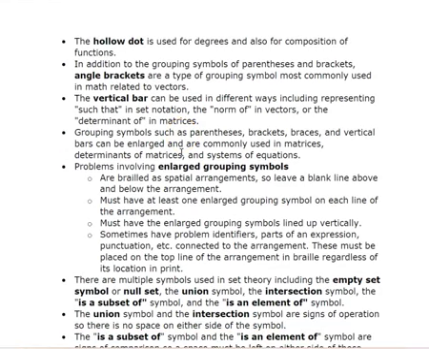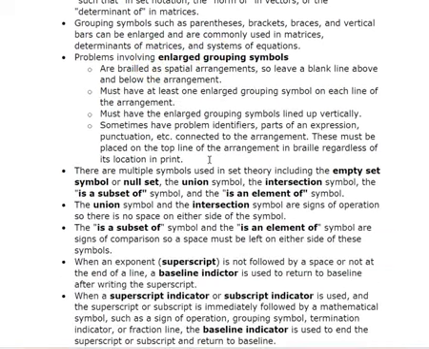Grouping symbols can be enlarged and are commonly used in matrices, determinants of matrices, and systems of equations. Problems involving enlarged grouping symbols are brailled as spatial arrangements that will leave a blank line above and below the arrangement.